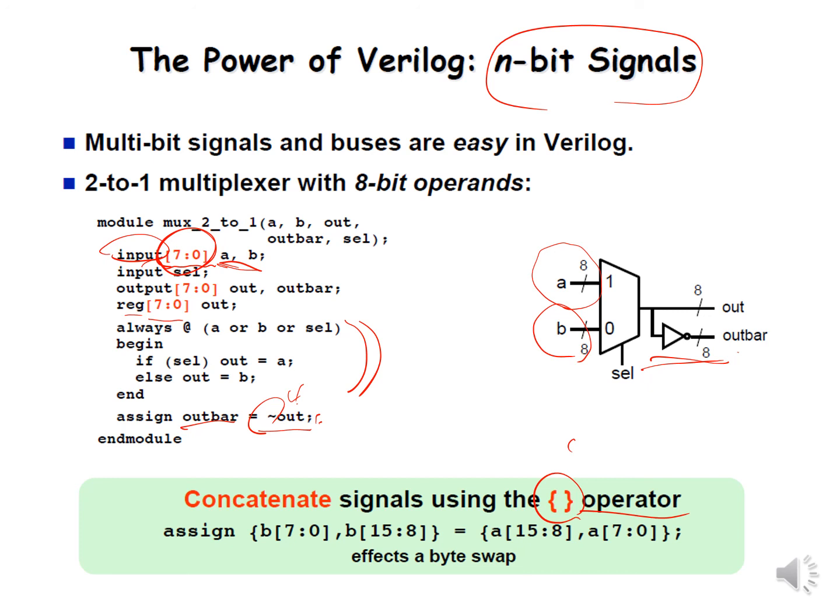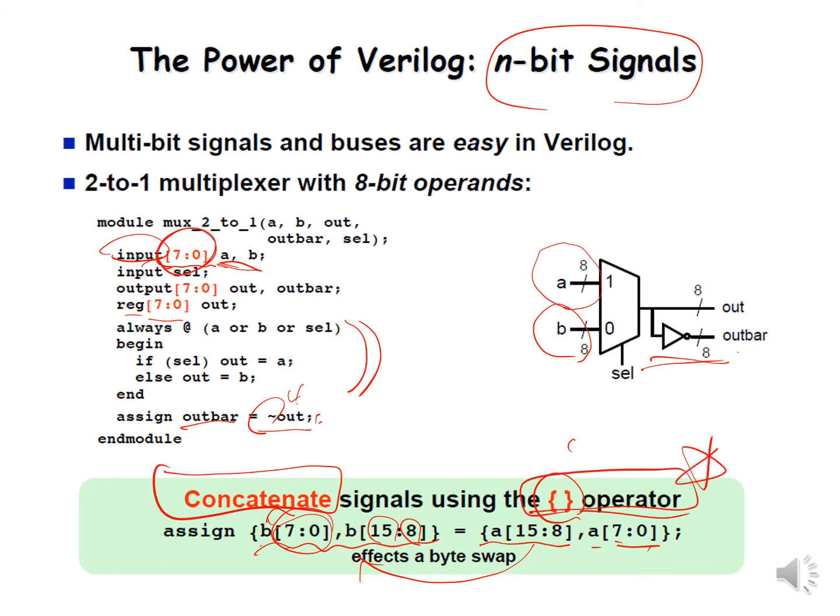For example, if you want to assign B[7:0] and B[15:8] from A[15:8] and A[7:0], you can change the connection and the bus location by using the curly bracket operator. This concatenation using curly brackets is a very useful operator you can use.